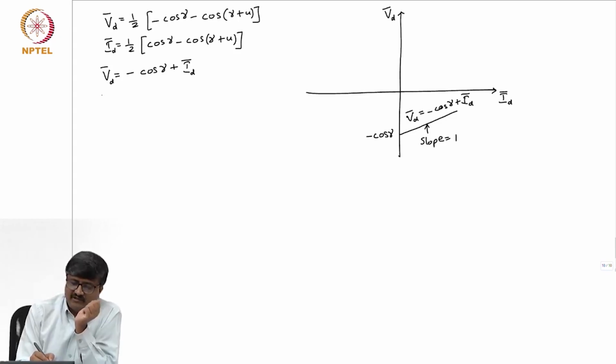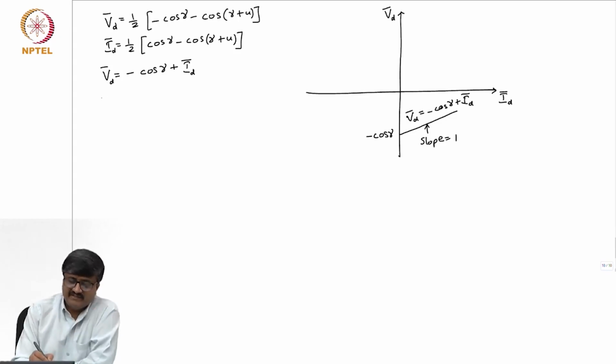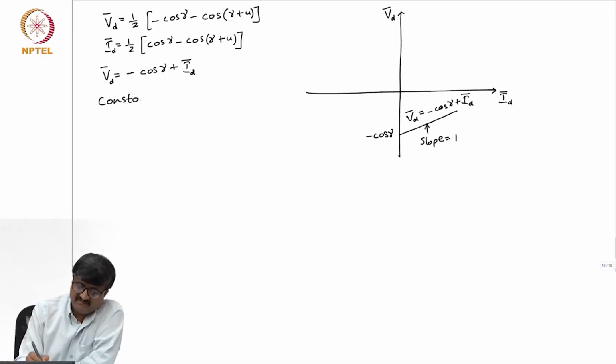What I get by keeping gamma constant is constant gamma operation.